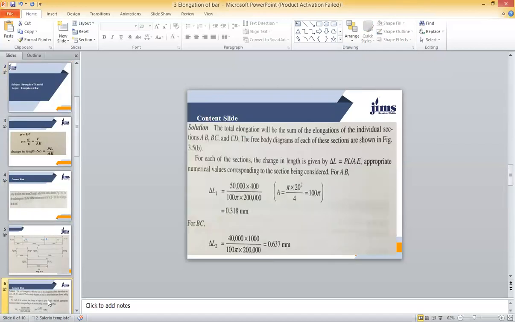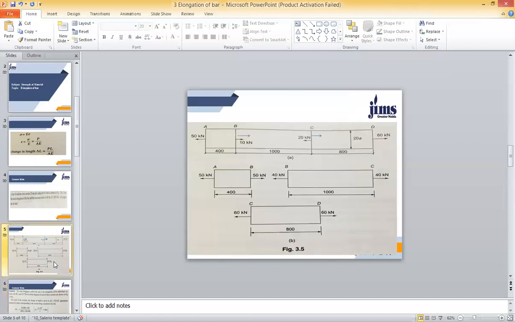So if I'm talking about delta L1, that means in AB section. Delta L1 is PL over AE, where P is 50 kilonewton and L is 400 mm. Now I change the unit kilonewton into Newton, so that is 50,000 Newton, 400, PL over AE.